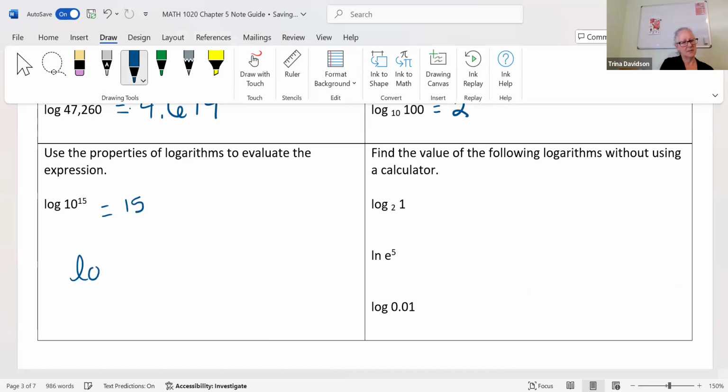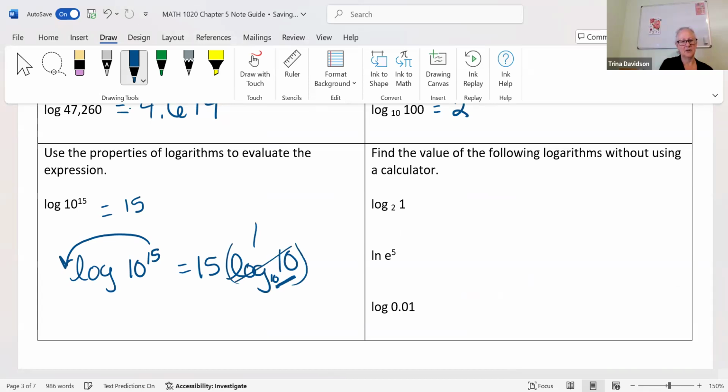If you want to see the property, I can show you what this is. With logarithms, you can pull the exponents out front. This understood base is 10. If the base and the argument are the same, that's the same as 1. That's how they're getting that.